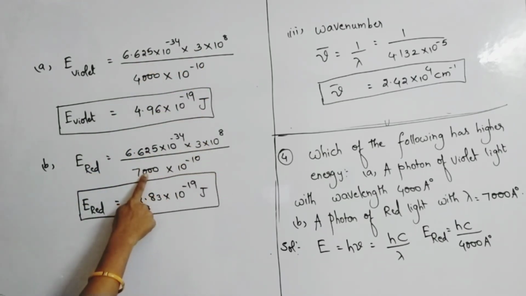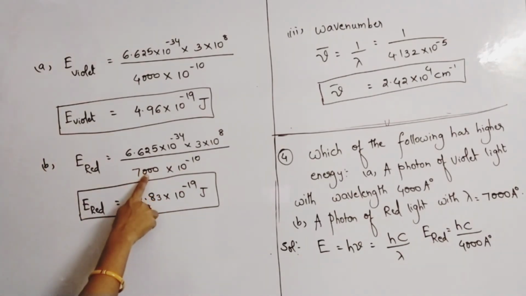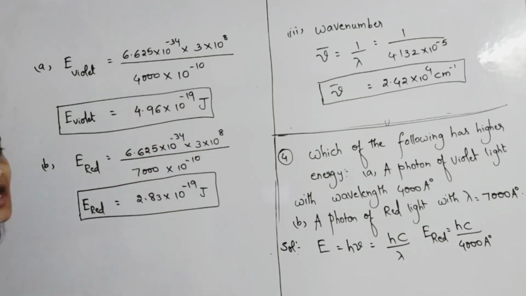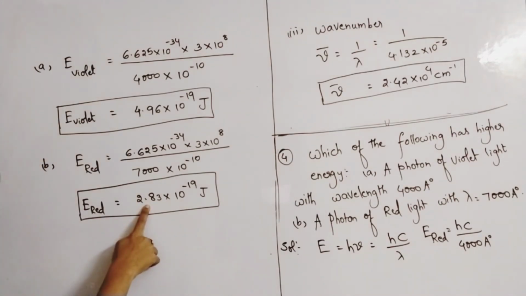Hc by lambda is the formula, and in place of lambda for red light we have 7000 into 10 to the power of minus 10, which is for converting angstroms into meters. On simplification you will get this.